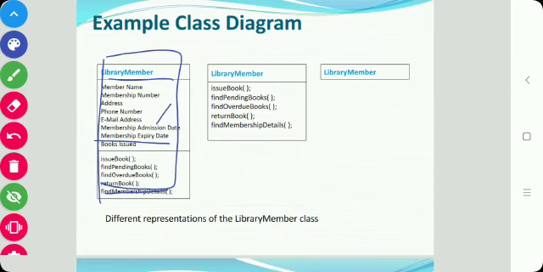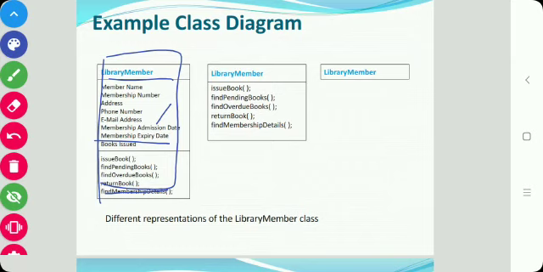What is an attribute? An attribute is a named property of a class, and the attribute names may be followed by square brackets containing a multiplicity expression, like we define the array. The third compartment is operations, which defines the operations performed by the class.